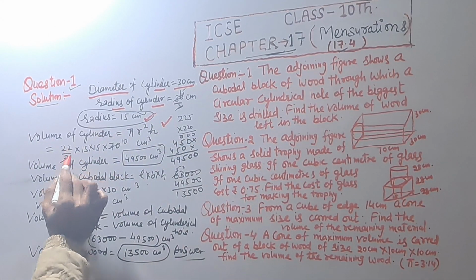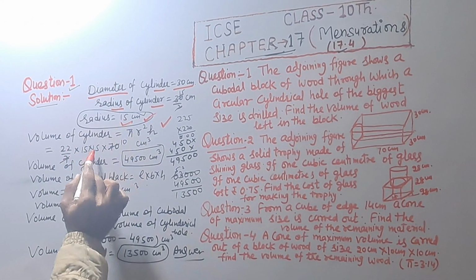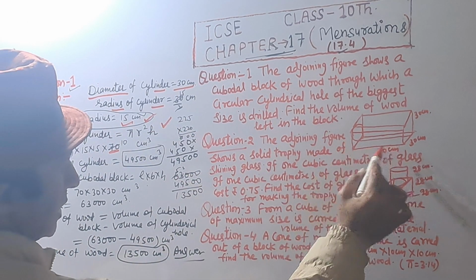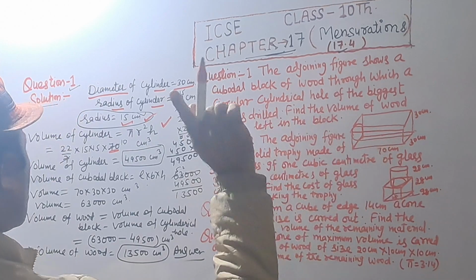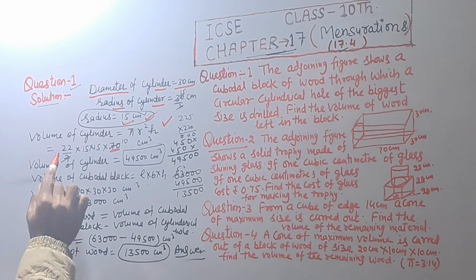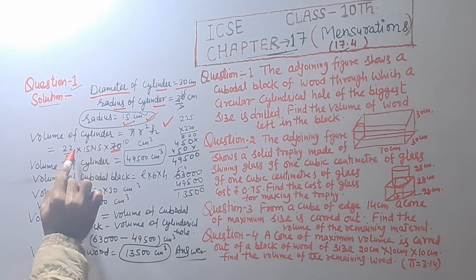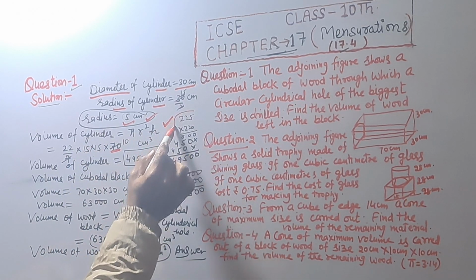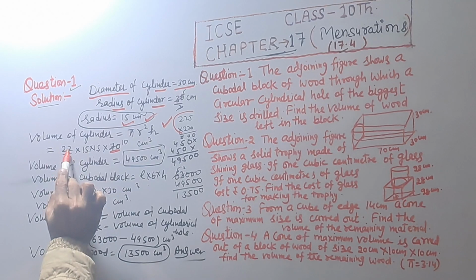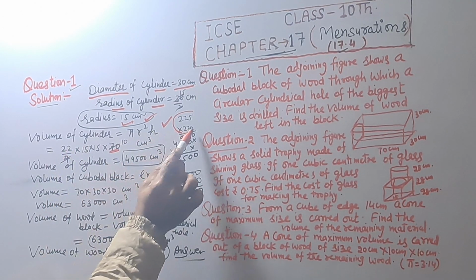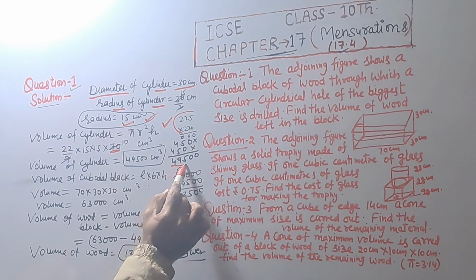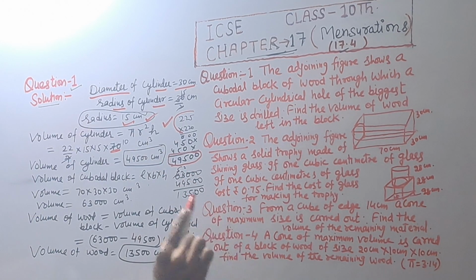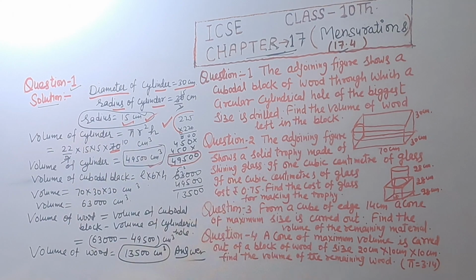Pi is 22 upon 7 and radius is 15, height of cylindrical hole is equal to 70 centimeter. 7 tens are 70, and 15 into 15 is 225, and 225 multiplied by 22 into 10, that is 220, and we get 49,500 centimeter cube. It is the volume of cylinder.